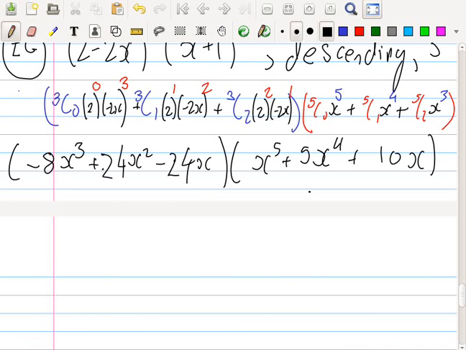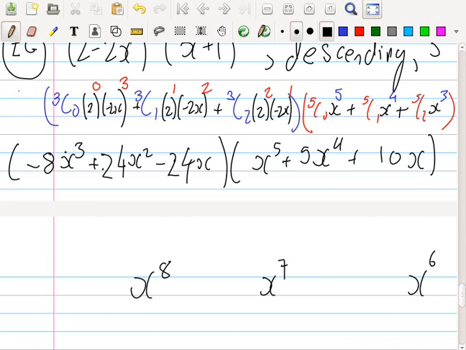You don't have to do them all because some of them you don't need. What's the biggest power here? 3. And here? 5. So if I multiply, that makes x^8. So I'm expecting in my final answer an x^8, an x^7, and an x^6. Why 6, 7? Because powers, they add.